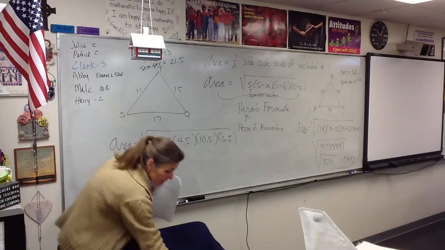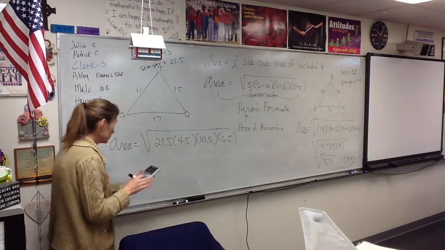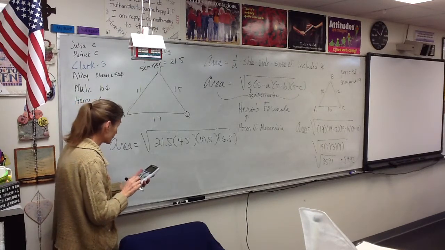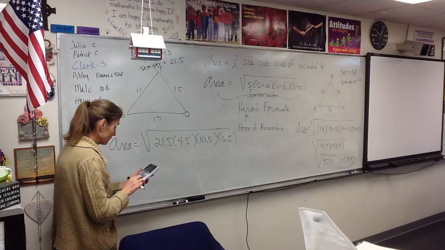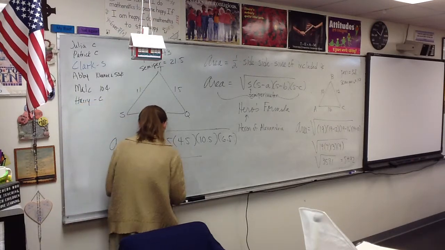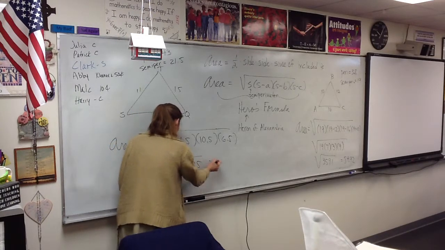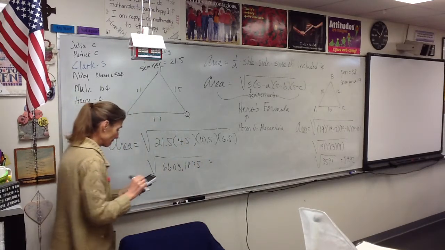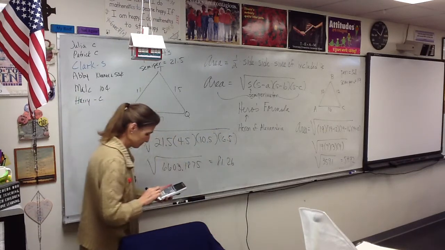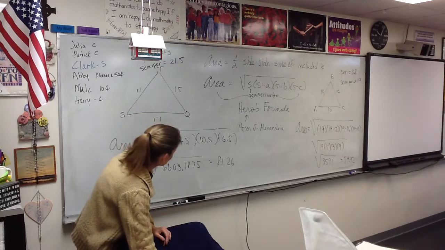Then I'll type it all together and take the square root. Please don't take the square root until you've typed them all together, multiplied them all together. So we have the square root of 6603.1875, which is 81.26. You said 6603?